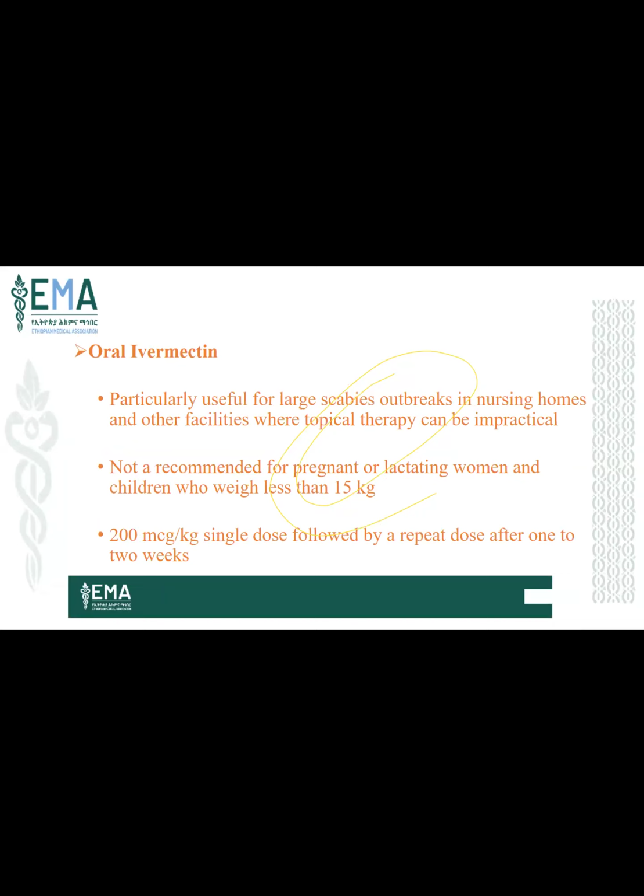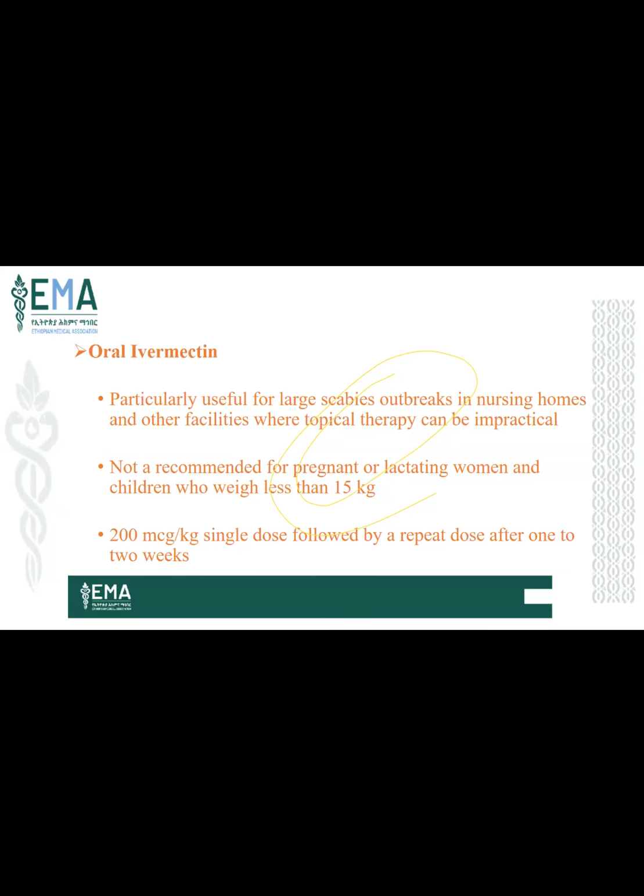The other treatment option for classic scabies is the systemic anti-scabies medication, which is ivermectin. This ivermectin is a synthetic macrocyclic lactone, and it has the advantage of ease of administration and is particularly useful for a large scabies outbreak in which topical application of creams is impractical.